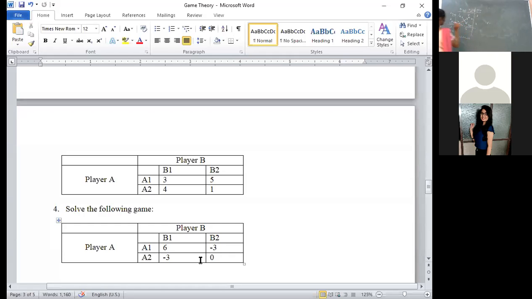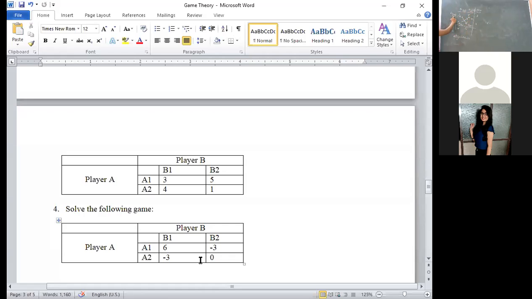Right now, listen carefully. This P is nothing but the probability that player A uses strategy A1. The notations you have to remember. Here I have taken P, here 1 minus P, here Q, here 1 minus Q. What is P?